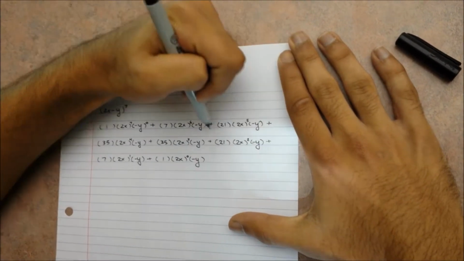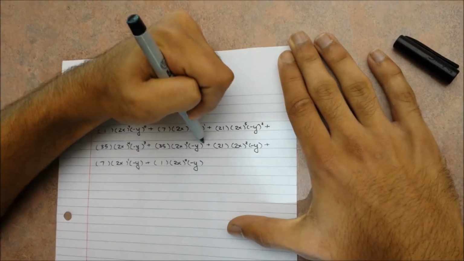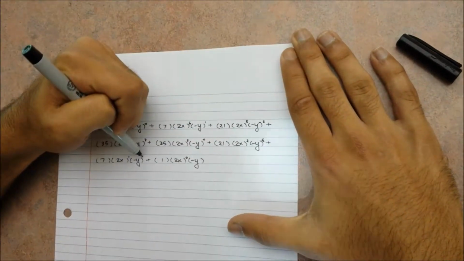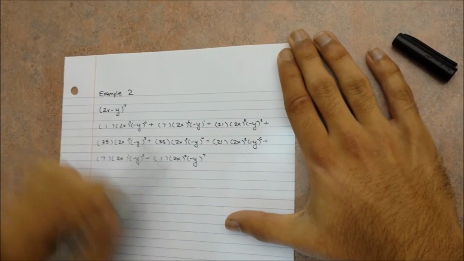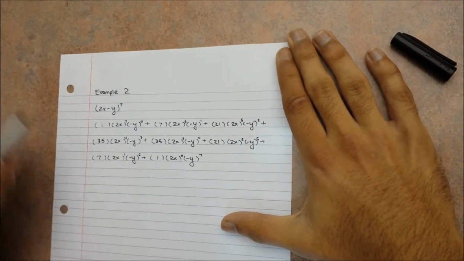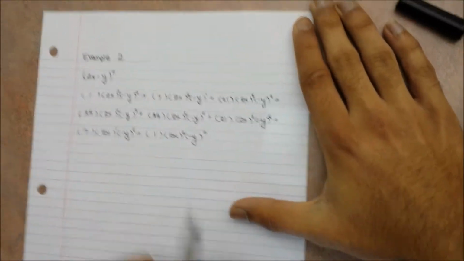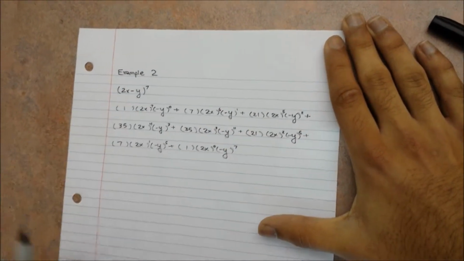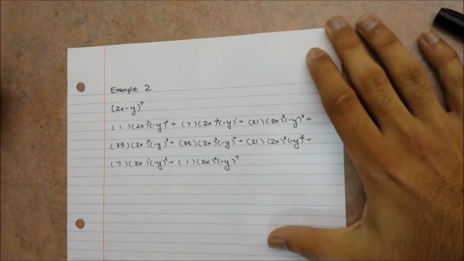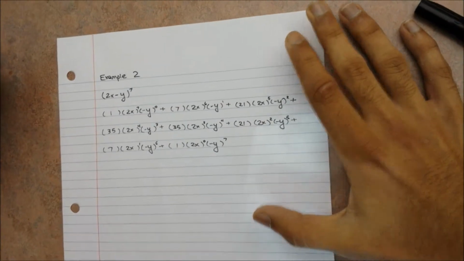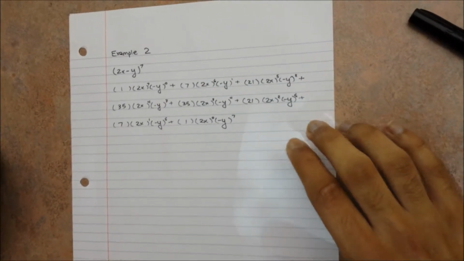The first one will always be 0, and then 1, 2, 3, 4, 5, 6, and it always ends at the same power. If you notice, 7 plus 0 is 7, 6 plus 1 is 7, 5 plus 2 is 7, so all these powers add up to 7, which is the power that we're expanding to. And now all that's left is to do the multiplication and add it all out.